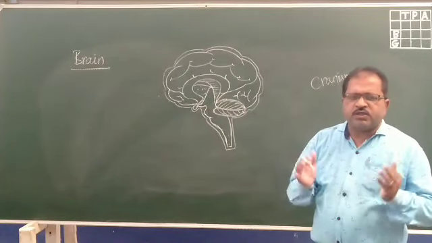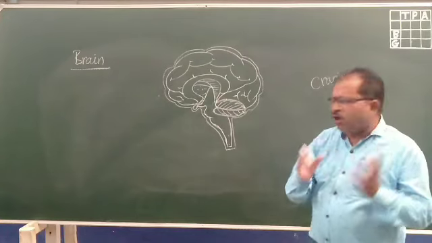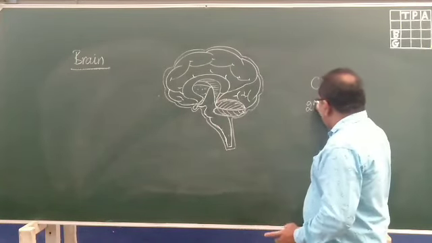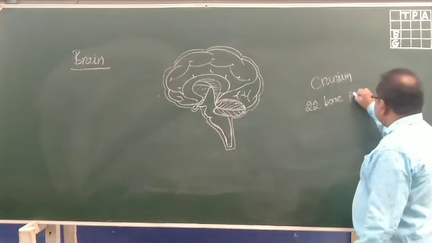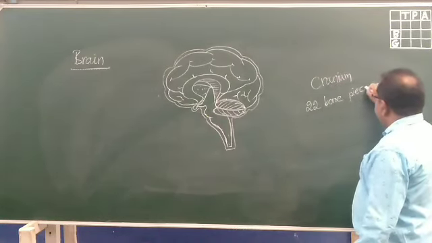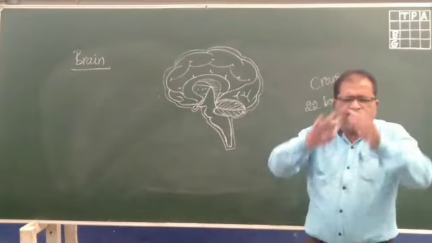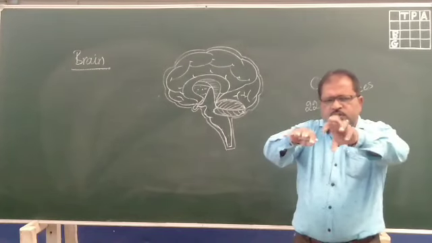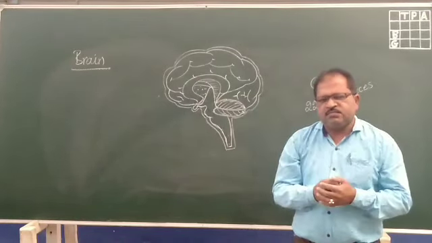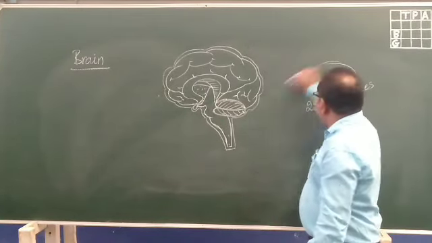This cranium is completely formed by the combination of 22 bony pieces. The 22 bone pieces are linked together, internally locked, and form a box-like structure. In that box, the brain is protected.